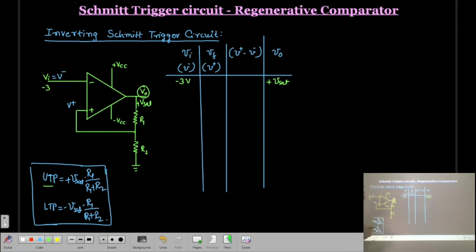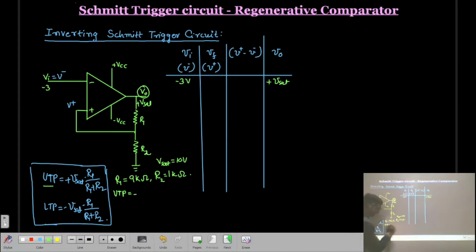For the calculation, let us consider R1 equal to 1 kilo ohm and R2 equal to 9 kilo ohm. Then let me calculate my UTP, the feedback voltage at this point, with saturation voltage of 10 volt.